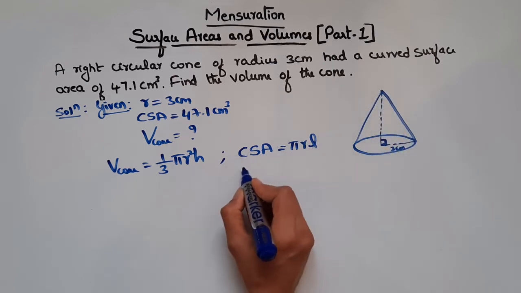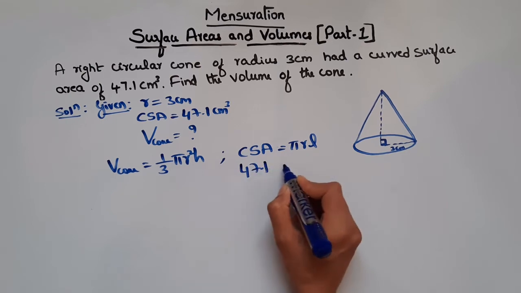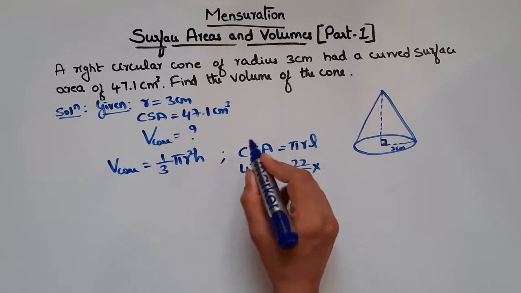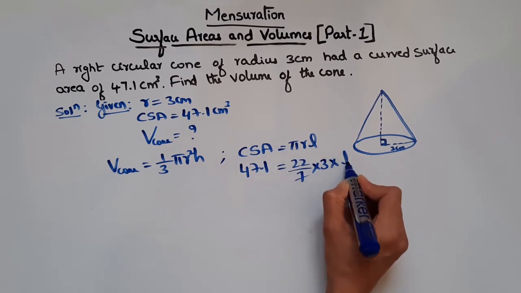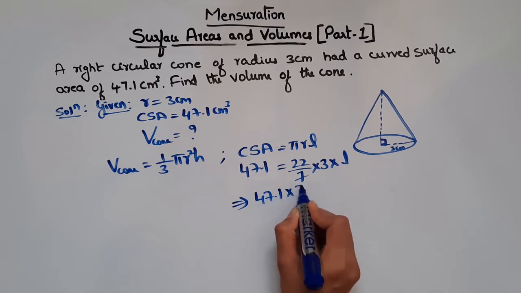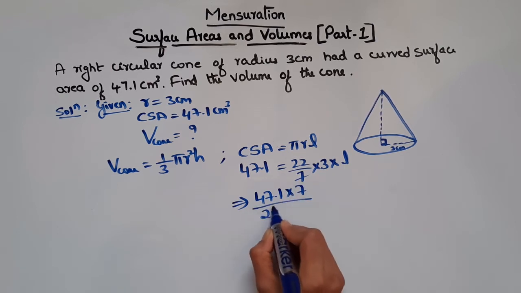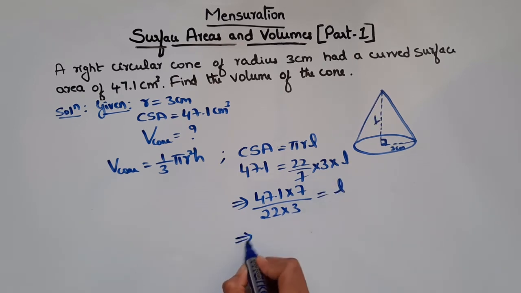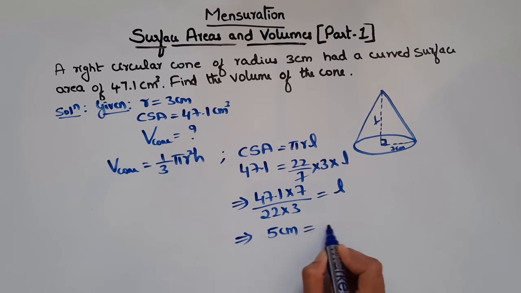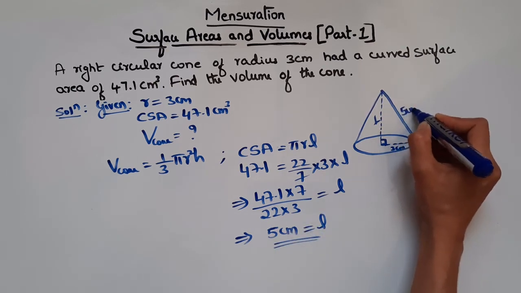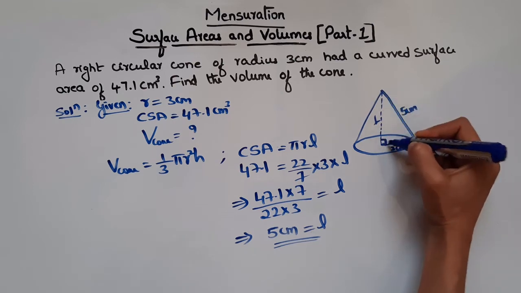So curved surface area is 47.1, which is equal to pi, here 22 by 7, into r is 3 centimeter into L, which implies 47.1 into 7 by 22 into 3 will give you L. When you simplify this, it will give you 5 centimeter, which is equal to L. So your slant length is 5 centimeter. We know this is a right angle triangle.